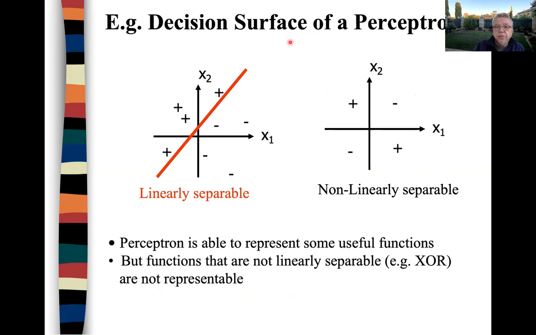Again, this is the decision surface for the perceptron. This problem can easily be solved just with a linear discriminant function. So it's linearly separable. This is not the case for the XOR. It's non-linearly separable. The perceptron is not able to solve it. Okay, thank you.